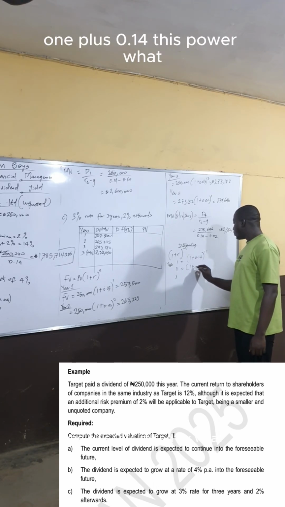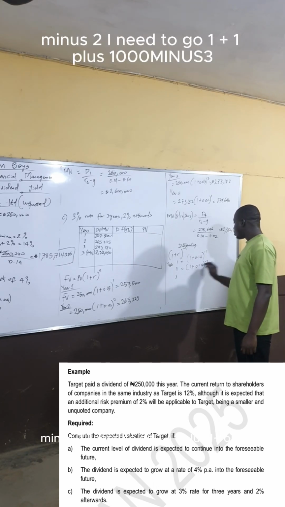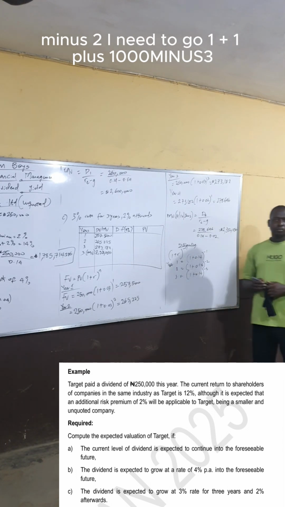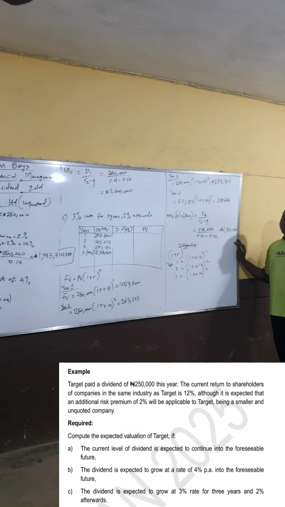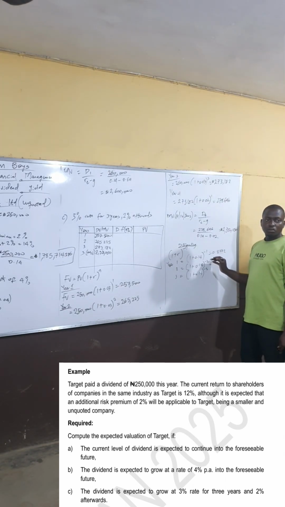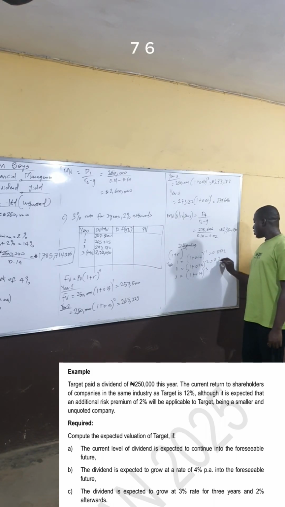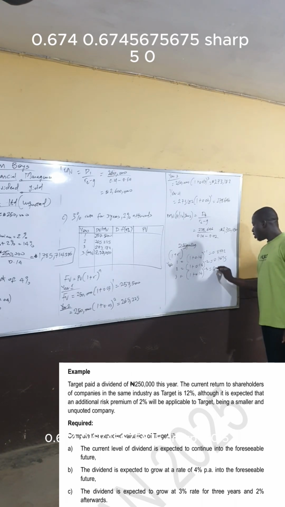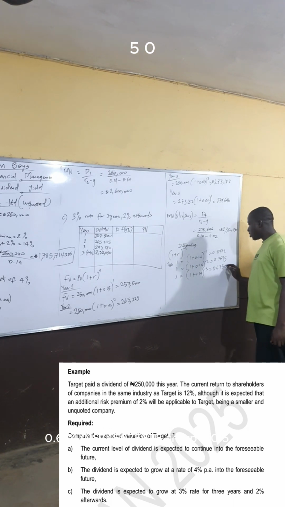Year 2 was 1 plus 0.14 raised to the power minus 2. And year 3 was 1 plus 0.14 raised to the power minus 3. This one is what? 0.7695. And this one is what? 0.6750. So let's put it here.